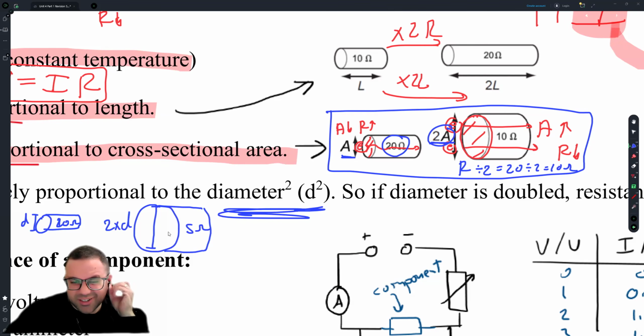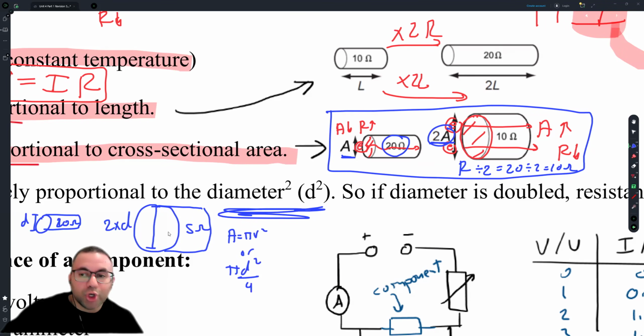Wait, how did I get that? Remember that the area of a circle is pi r squared or pi d squared over 4. So when the diameter is doubled, technically the area isn't doubled.